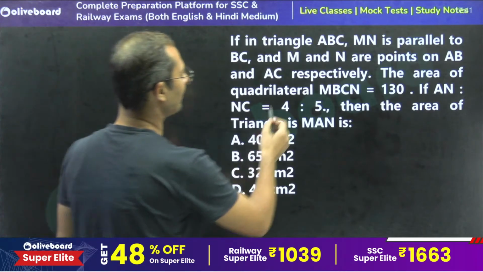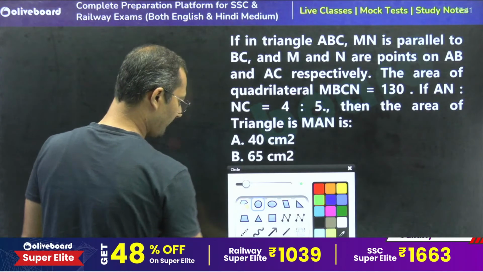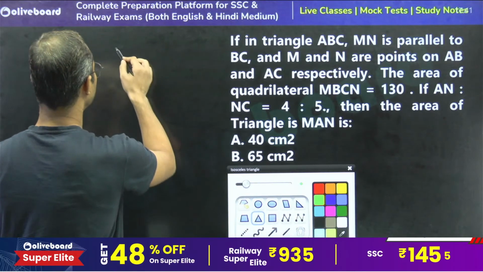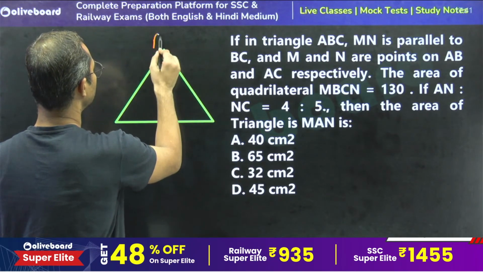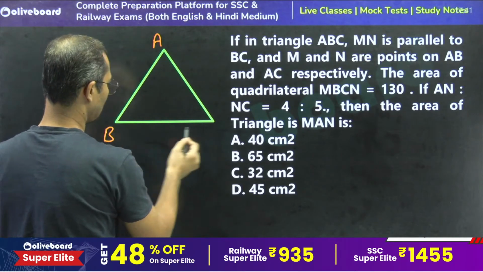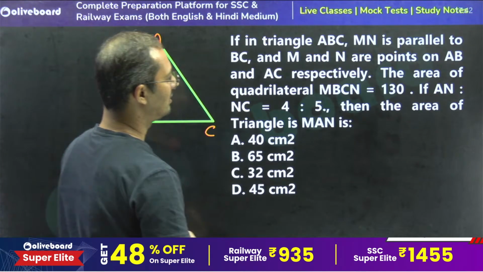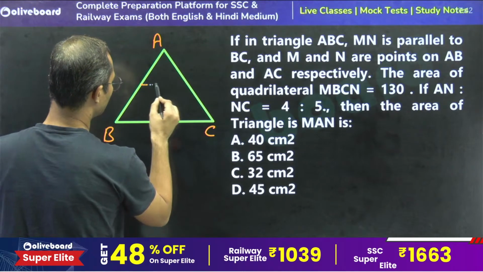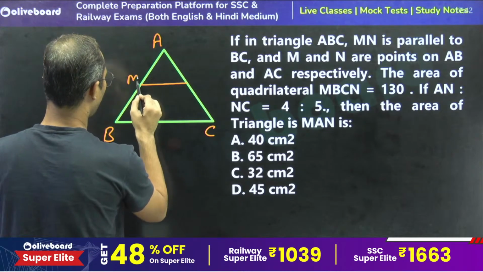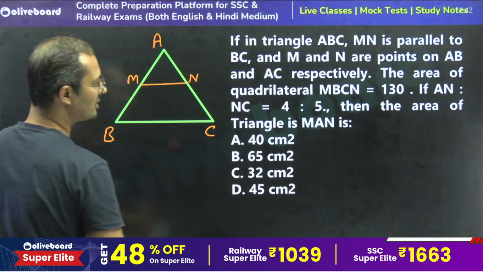If in triangle ABC, MN is parallel to BC. Here is M and N, parallel to BC.